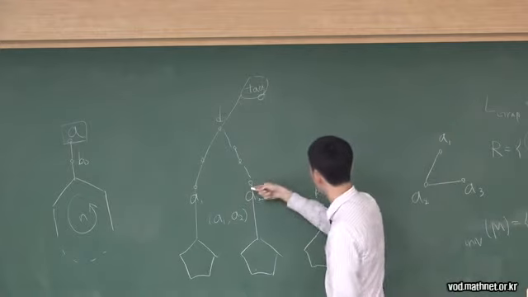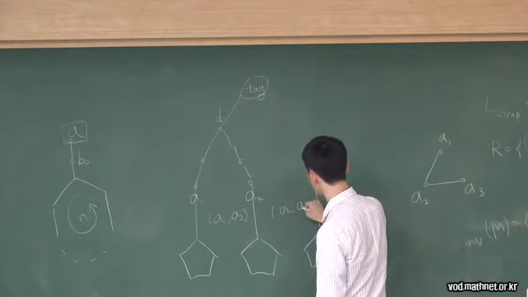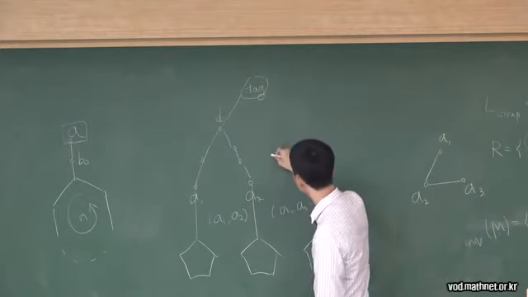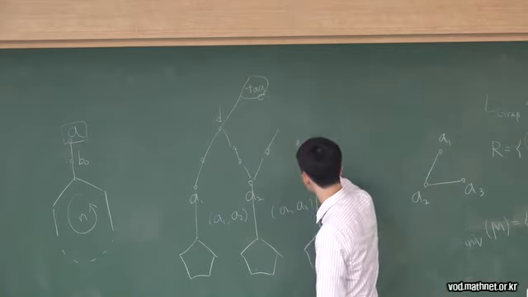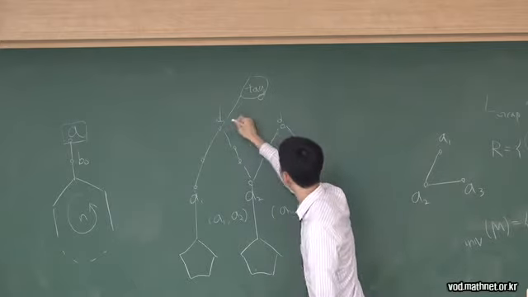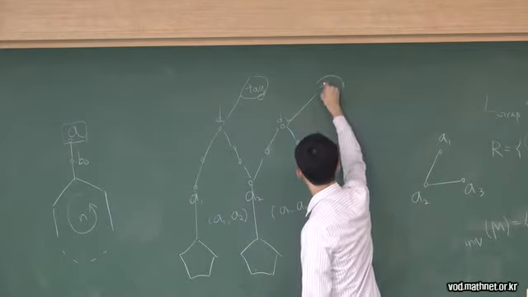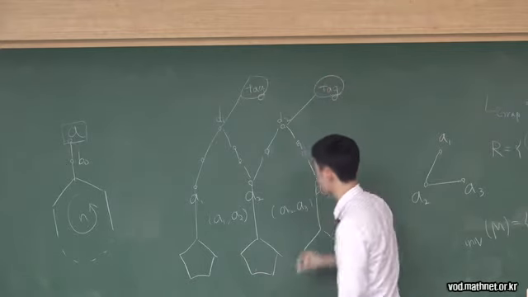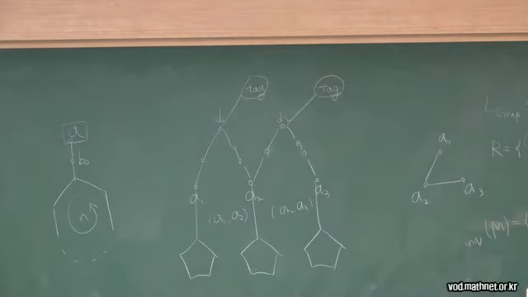Again, you have a relation, so 1, 2, tag. Because we are working on a binary relation, the graph looks very simple.